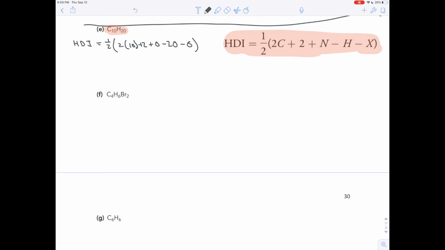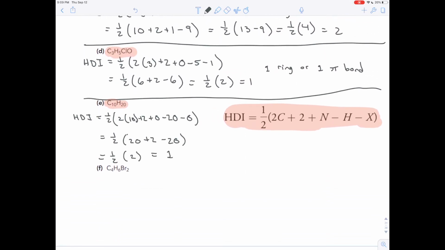We don't have any fluorines, chlorines, bromines, or iodines. So it'll be 1/2 times 20 plus 2 minus 20. Well, that's 1/2 times 2, or 1. So here in this molecule again, there's either going to be one ring or one pi bond, but not both.